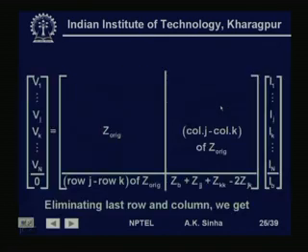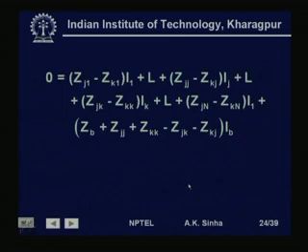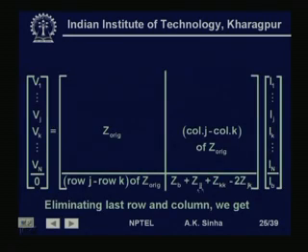So in the n plus 1th row, we have 0 is equal to these terms, row j minus row k, n number of such terms, plus the n plus 1, n plus 1 term which will be for IB, and that term is this one. Okay, so we have now this term here.